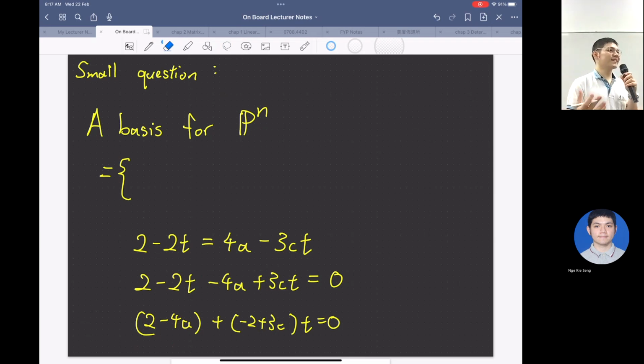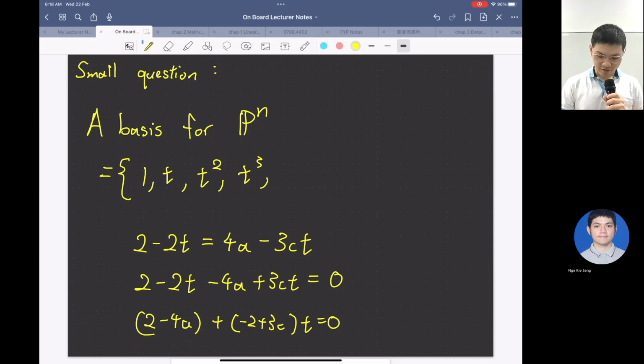Did you ever think about it? It is because these form a basis for Pn, so that you can collect their coefficients.